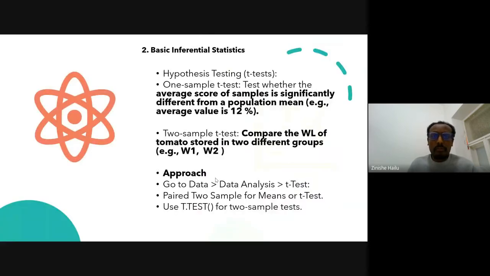The second topic is basic inferential statistics, which is hypothesis testing. If we are going to compare the means of two sample groups, we can use the two-sample t-test, or if we have only one measurement parameter, we can use the one-sample t-test, to compare with the true mean or with an average value.